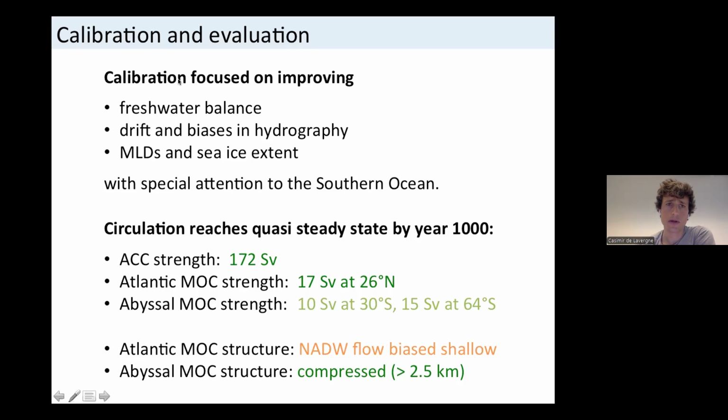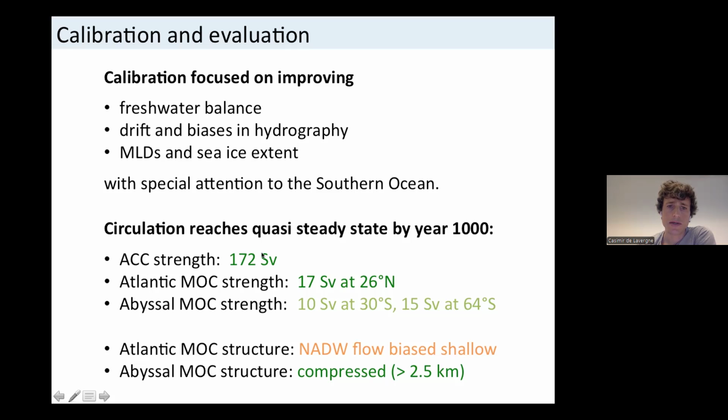We did a lot of calibration and evaluation, focusing on the freshwater balance, the drift and biases in hydrography, the mixed layer depth, sea ice extent, and mostly trying to have a good Southern Ocean, because this is where we had huge biases to start with. After 1,000 years, the circulation reaches a quasi-steady state.